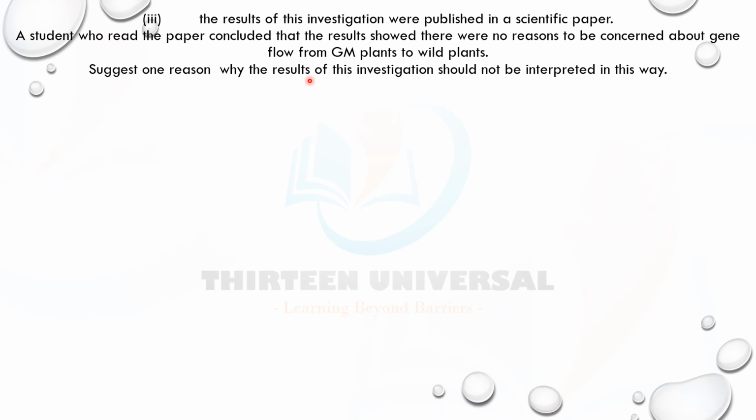Suggest one reason why the results should not be interpreted in this way. If this student is your friend and you are having a discourse on this result, what are you going to tell the student? Please don't interpret it this way. Why should he not interpret the result that there's no gene flow?